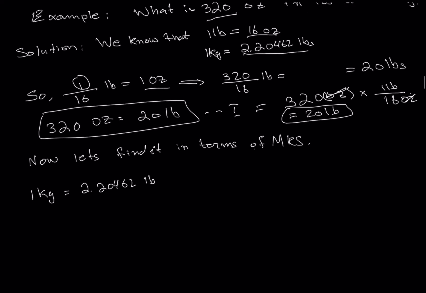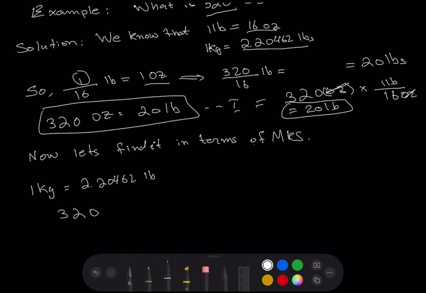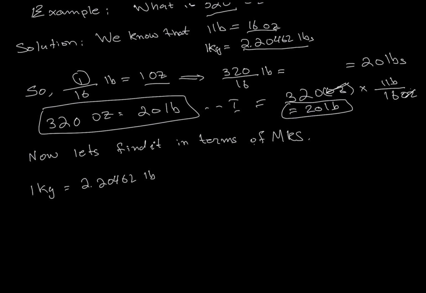Let's try both ways and see what happens. Let's do pounds first because it's relatively easy and not very confusing. If we have 20 pounds and want to find that in kilograms, we multiply by 1 kilogram over 2.20462 pounds.